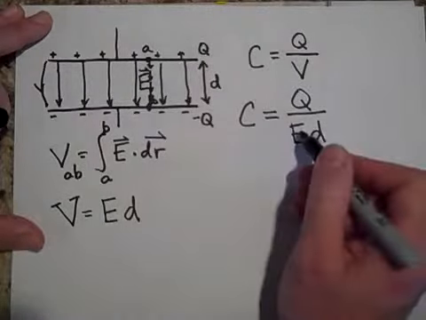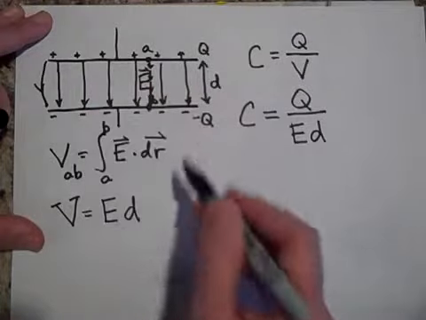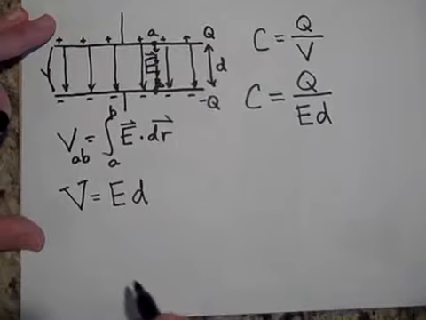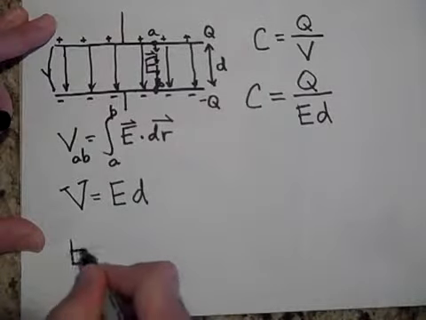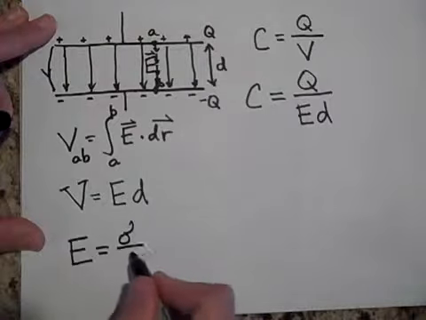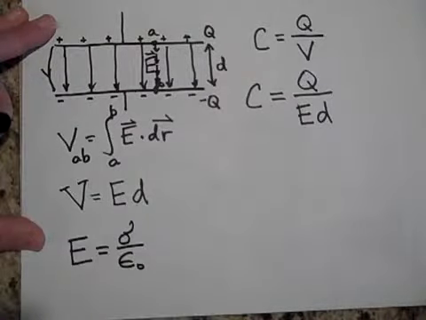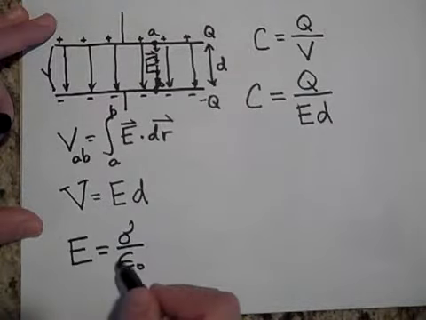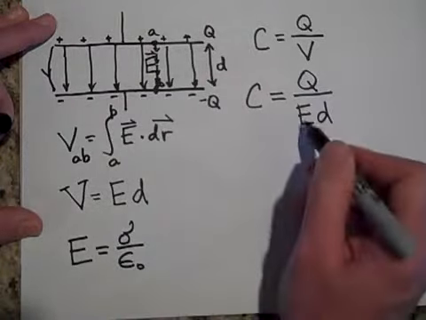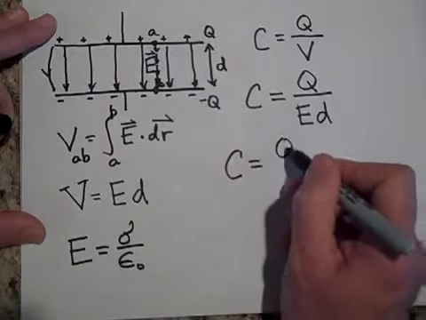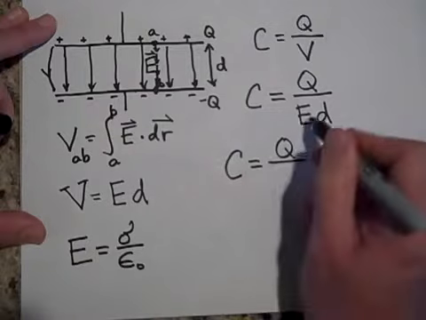Okay, now, the electric field for plates, if you remember, the electric field just outside of a conductor, we derived this with Gauss's law, is sigma over epsilon naught. Some of you who had the slab, the electric field due to a slab, you derived this. And so I'm going to take that and substitute that in for E. So the capacitance is Q over E times d.